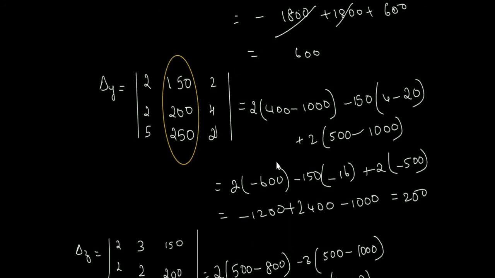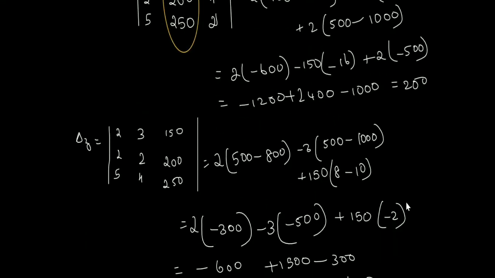So that will give you 400 minus 1000 is minus 600, minus 150 into 4 minus 20 is minus 16, 2 into minus 500, minus 1200 plus 2400 minus 1000. So when you subtract these two, minus 2200 plus 2400 will give you 200.